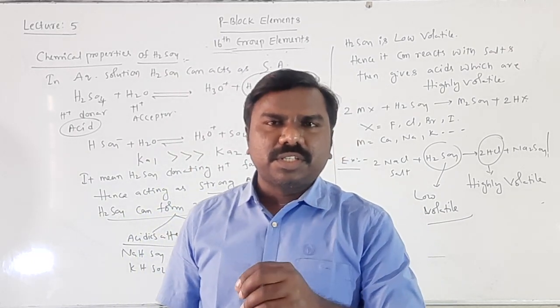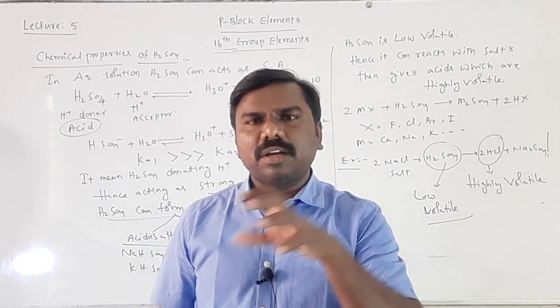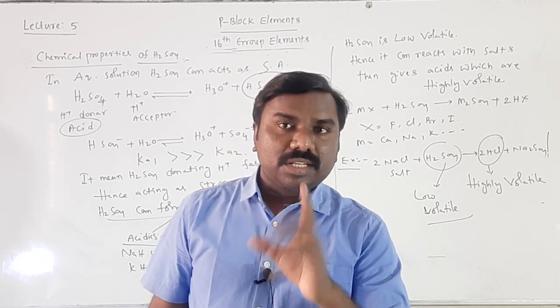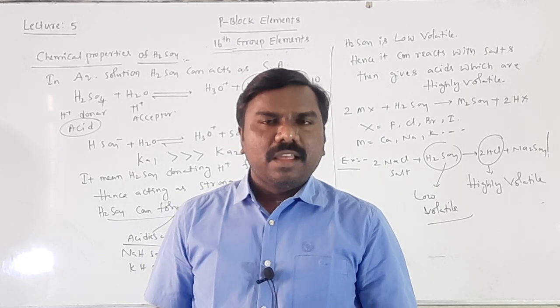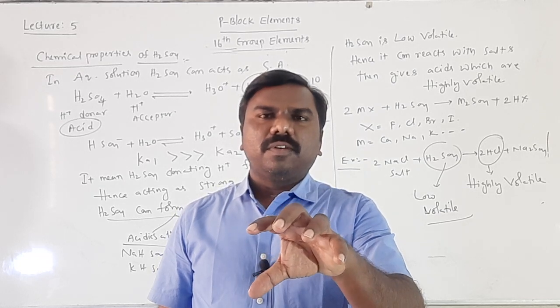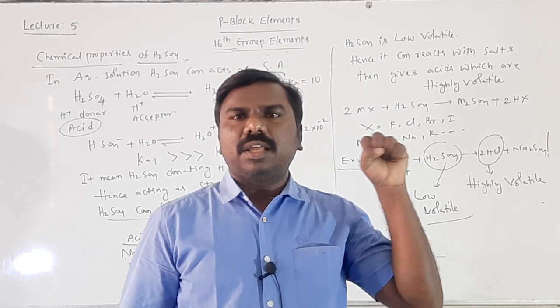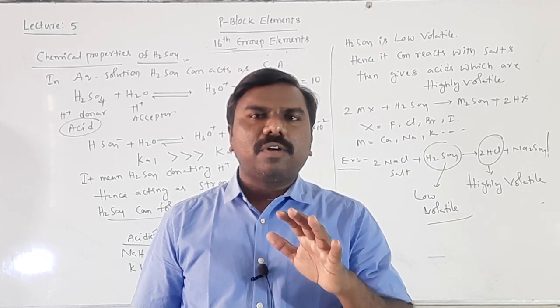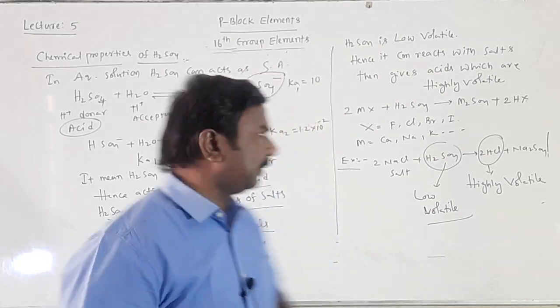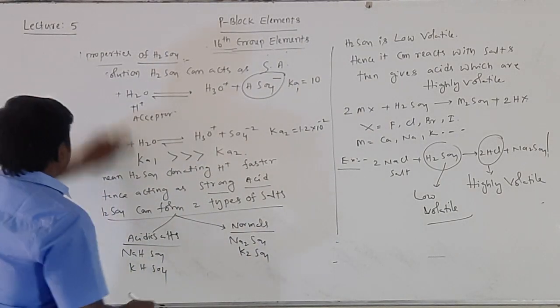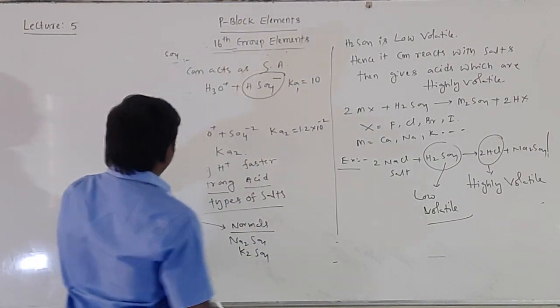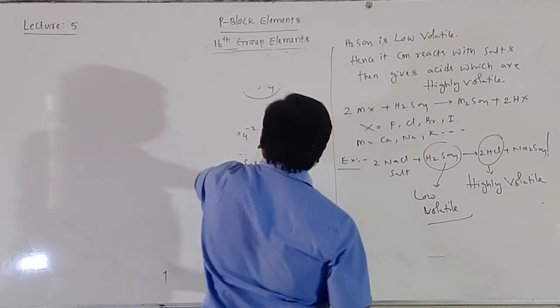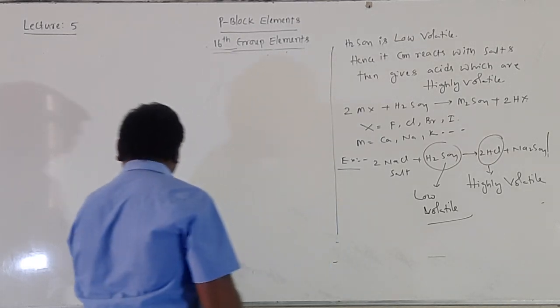So, there is a great affinity with water. To clean a test tube in the laboratory, you just shake it with concentrated H2SO4 and the test tube will be dried, because H2SO4 interacts with water and removes water from the test tube. Removal of water means acting as a dehydrating agent.